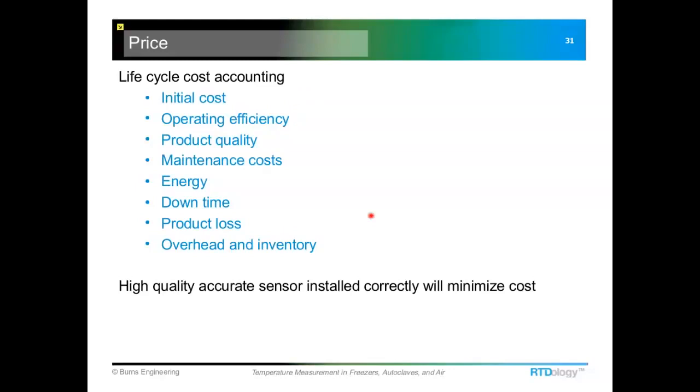If you have a cheap probe that breaks all the time, you're going to need to keep more in inventory, and you've got somebody going out there to change it. You might be using more or less energy than what you need. If it's less energy, your product might not quite come out like you want it, so there's potentially some scrap. So really high quality, installed correctly, it'll pay for itself over a very short period of time.